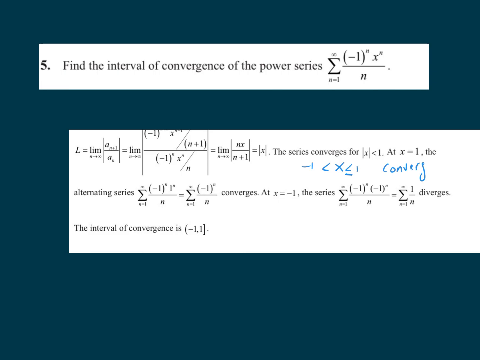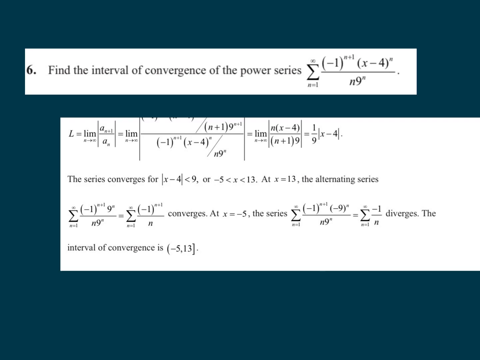When x equals minus 1, the series will be 1 divided by n, which diverges. Because when x equals minus 1, the series will be (-1)^n multiplied by (-1)^n, which is 1 divided by n. So this series diverges at x equal minus 1. So the interval of convergence is minus 1, comma 1, closed here.